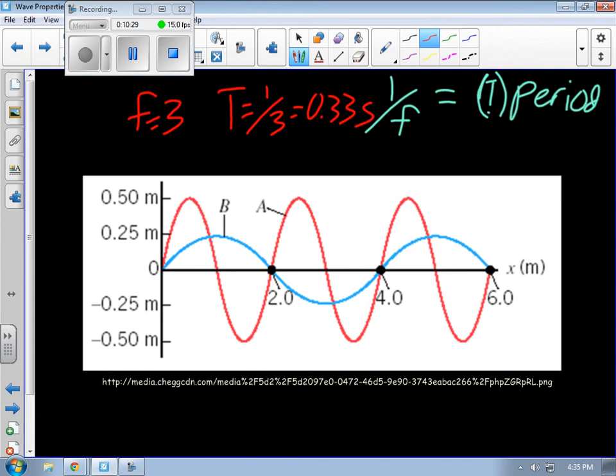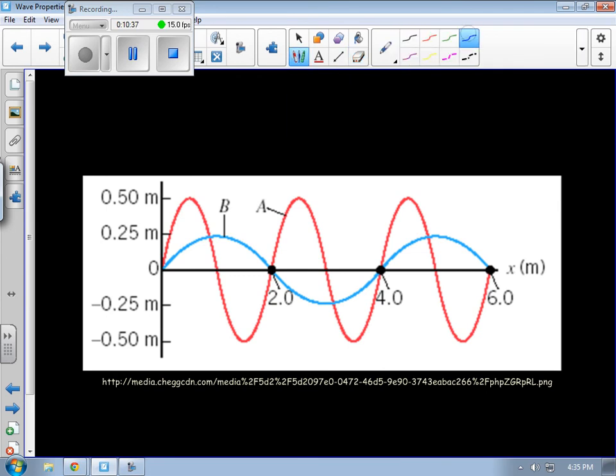For the blue wave, we said we went 1.5, so frequency equals 1.5 hertz. And so the period for the blue wave would be 1 divided by 1.5, which equates to 0.67 seconds per wave.